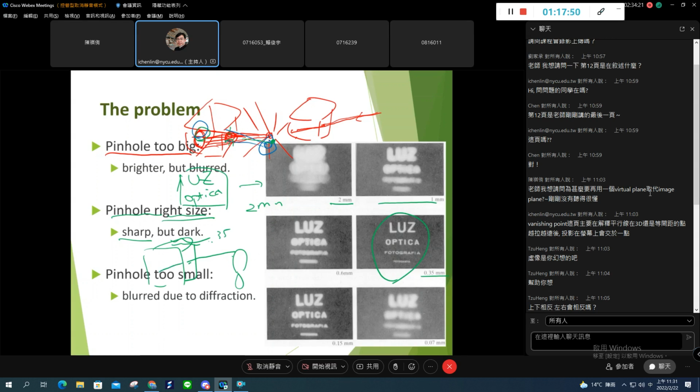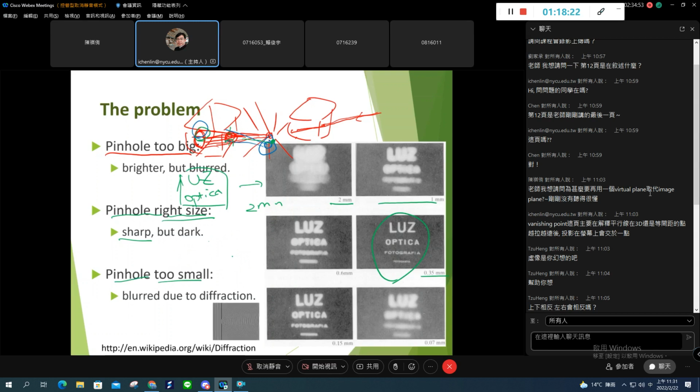So only a pretty small, tiny portion of light can pass through the pinhole to reach your camera film. So the image will be dark. But someone might say, oh, dark is okay, but even if the pinhole size is smaller, it will still have some problem.